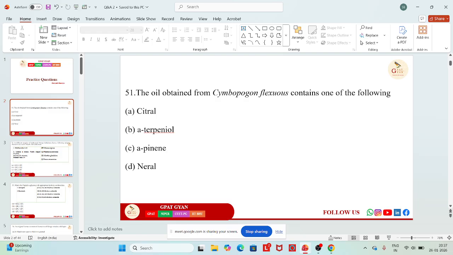Anyone? Ma'am, lemon oil should be. Lemon oil. Lemon oil had two categories. One is lemon oil, one is lemongrass oil. Which one is Cymbopogon? Ma'am, lemongrass.